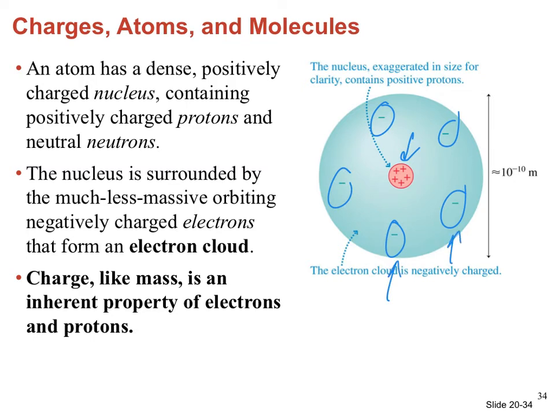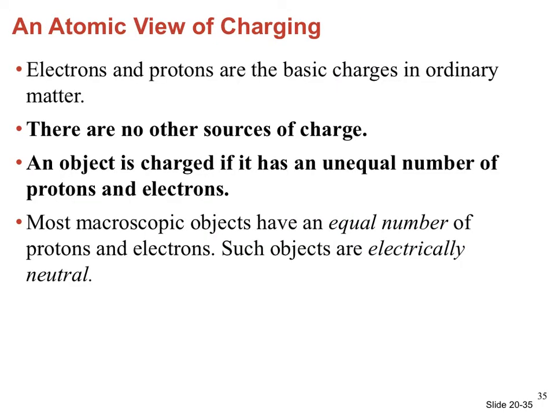So charge, like mass, is a property of electrons and protons. It's a property of what's actually making it up. It's a balance of positive and negative charges. Electrons and protons are the basic charges for matter. There are no other sources of charges. If it's positively charged, there are more protons than electrons.